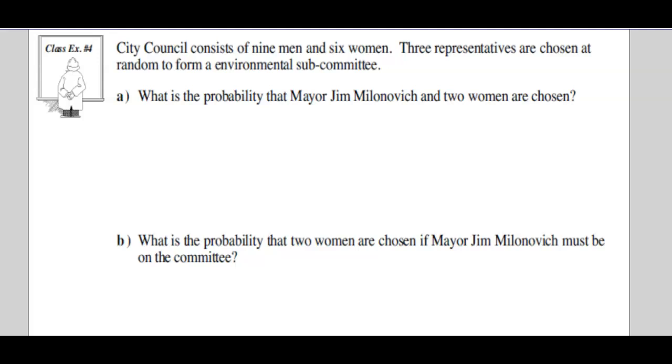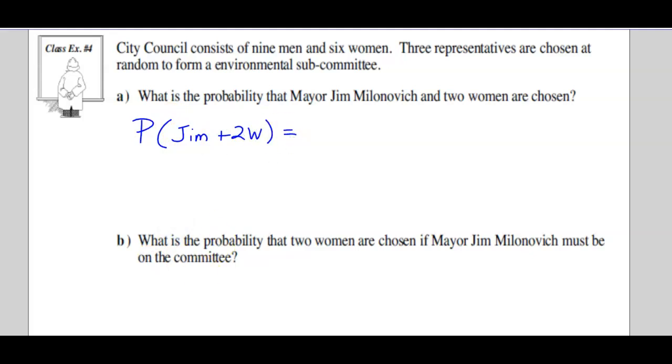Okay, so next one. So city council consists of 9 men and 6 women. 3 representatives are chosen at random to form an environmental subcommittee. What is the probability that Mayor Jim M. and 2 women are chosen? Okay, so probability, Jim plus 2 women.